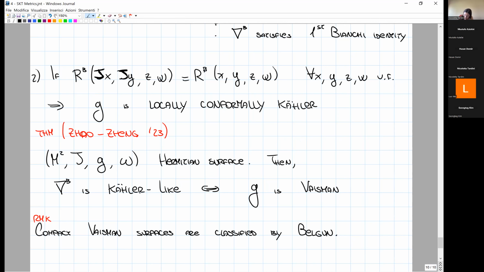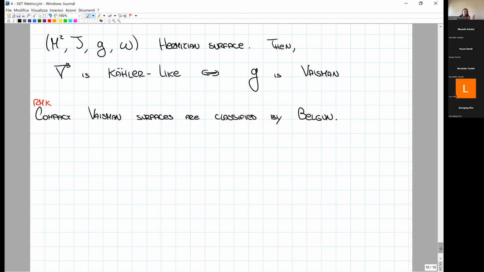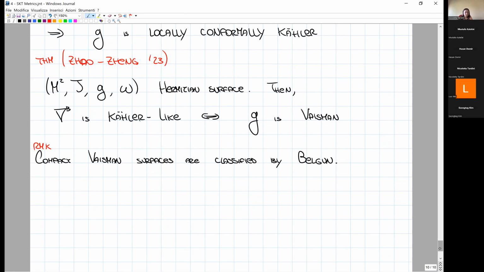So we know exactly which compact complex surfaces admit Vaisman metrics. So we know exactly which compact complex surfaces admit Bismut Kähler-like metrics. But I think it is kind of interesting to conclude by saying that in higher dimension, this is false. Bismut Kähler-like metrics do not coincide with Vaisman metrics.